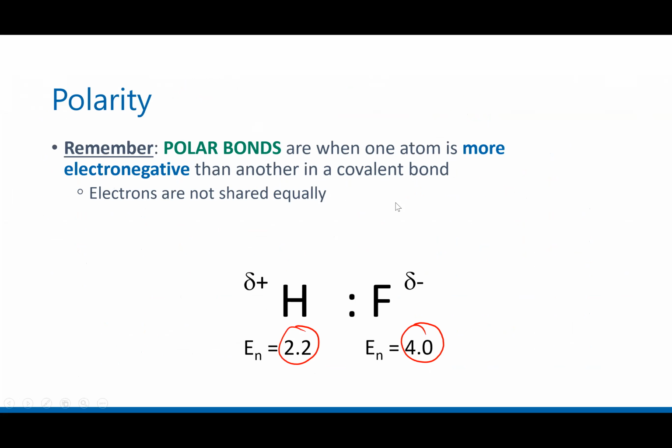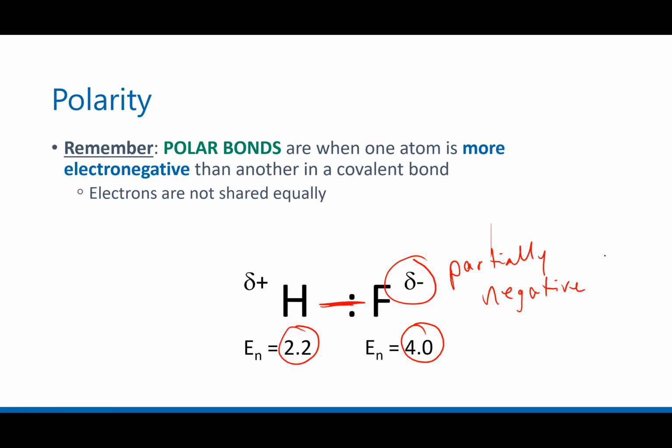So in this bond between hydrogen and fluorine, the electrons are over here. This means partially negative. It's not the same as an ionic bond. In ionic bonds, the difference in electronegativity is so strong that the electron actually gets transferred.